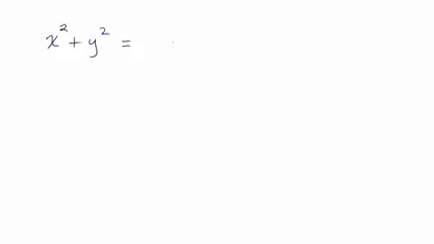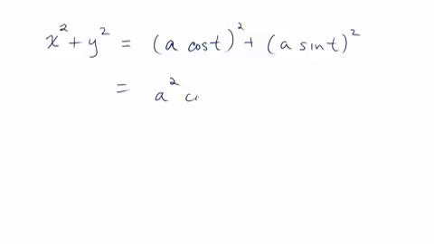We would have a cosine t squared plus a sine t squared, which results in a squared cosine squared t plus a squared sine squared t.